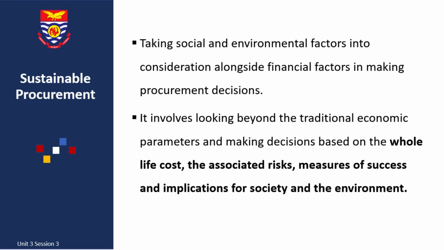How will the process or the outcome of procurement affect the environment, whether positively or negatively? How will the procurement activity or the procurement outcome affect the economy? That is the economic aspect of sustainable development. And finally, how will the procurement proceeding or the procurement outcome impact society? That is the social aspect of sustainable procurement.